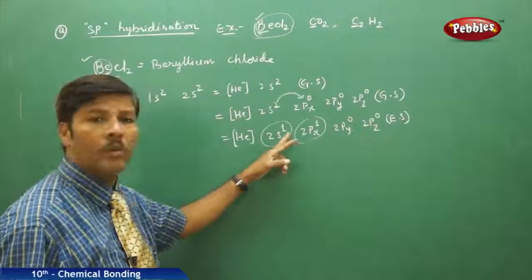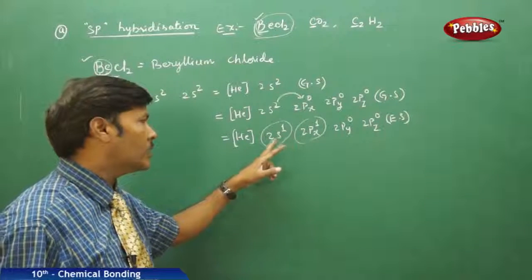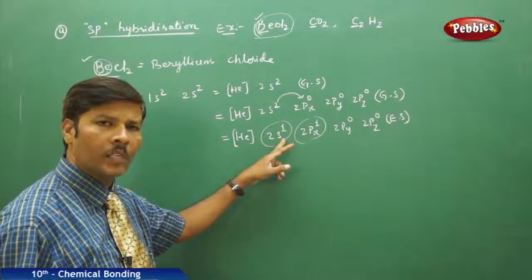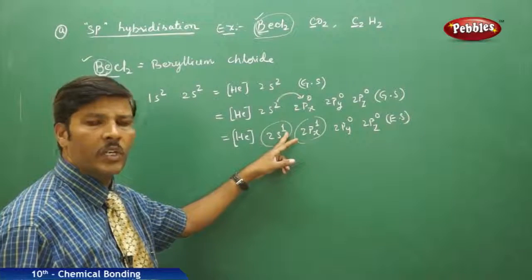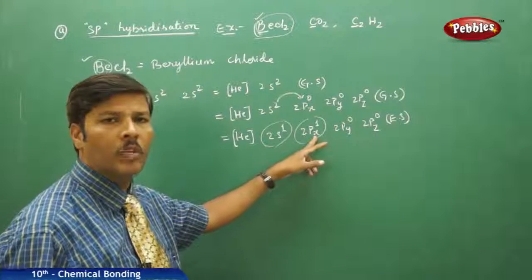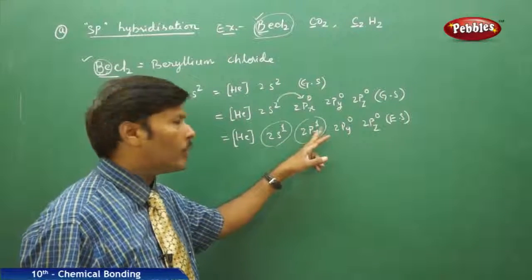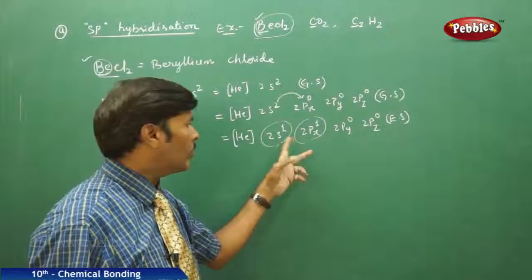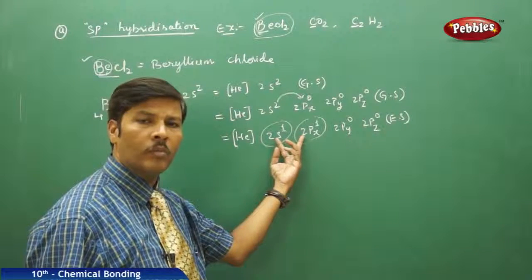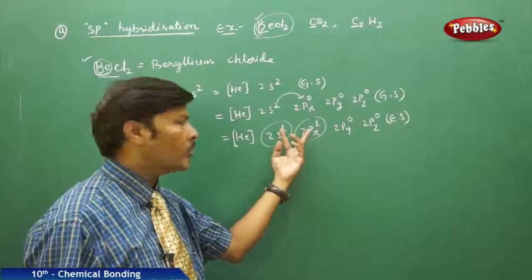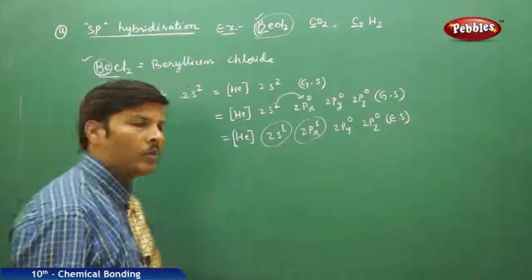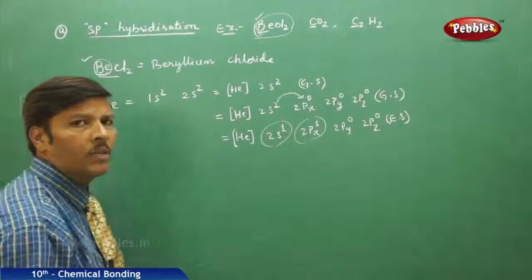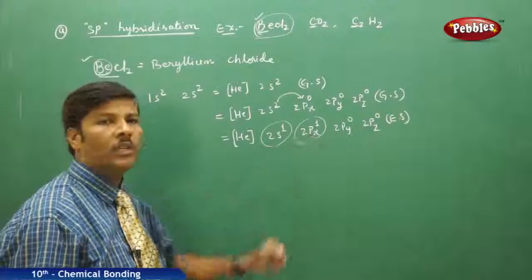So we are taking one s atomic orbital with an unpaired electron, I mean the 2s atomic orbital, but for our convenience we can simply say s atomic orbital, and the 2px atomic orbital, simply the p atomic orbital, again with one unpaired electron. That means the beryllium central atom in beryllium chloride has 2 pure atomic orbitals, one s and one p, with 2 unpaired electrons. You know very well that the s atomic orbital is spherical in shape and the p atomic orbital is dumbbell in shape.